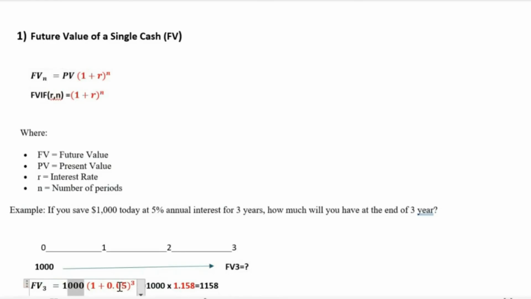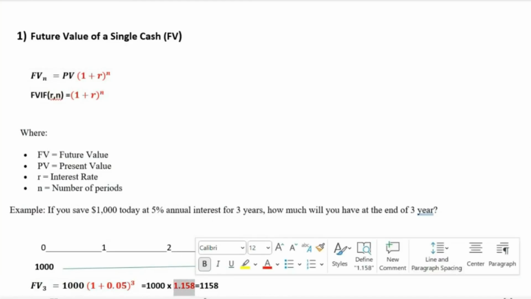When you do the calculation, you need to convert the percentage into decimal format, and raise this factor to the third power, right? Use your calculator, you figure out this is 1.158. We call this the future value interest factor at 5% and 3 periods. What does that number tell us?